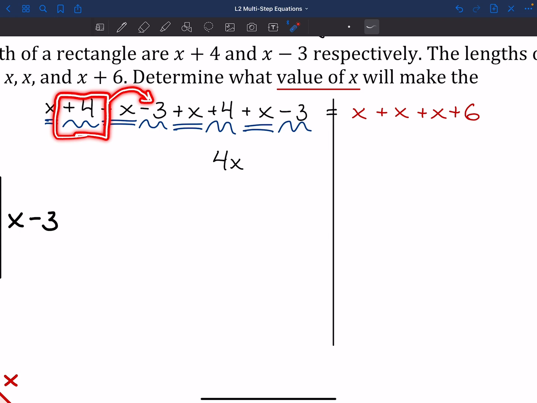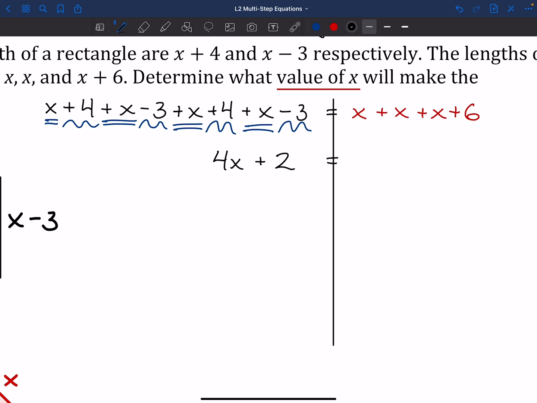So plus 4, and then minus 3, now I'm down to 1. Now that I have 1, I'm then going to add 4 to it. So 1 plus 4 is 5. And then we do that last part. 5 minus 3 brings us to 2. All right, so it's a positive 2, so plus 2.